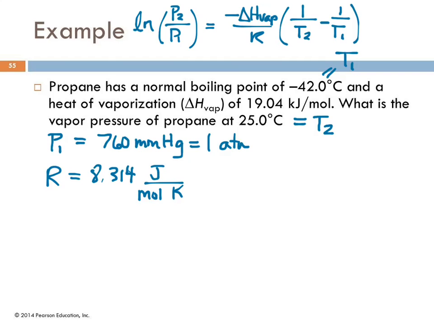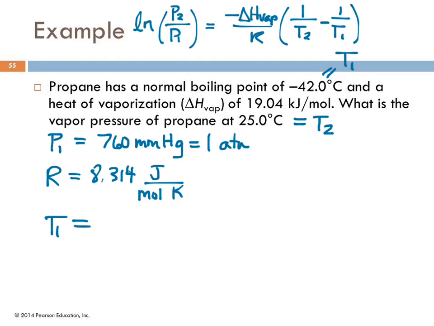I'm up for easy. We need these temperatures in Celsius or in Kelvin? Kelvins, okay. So T1 is minus 42 degrees Celsius.